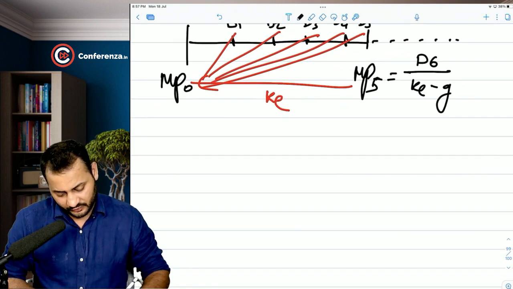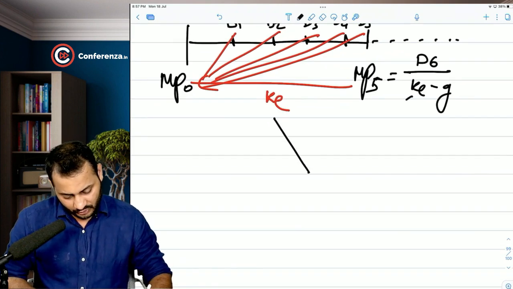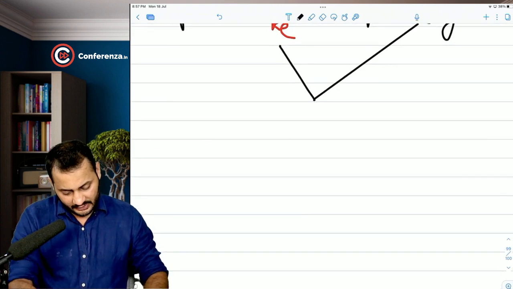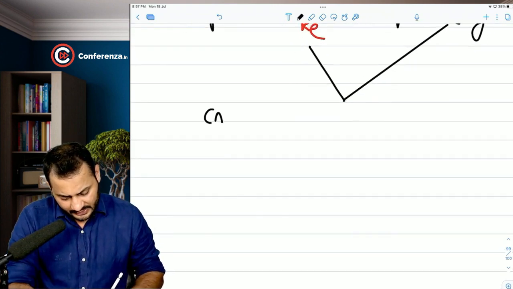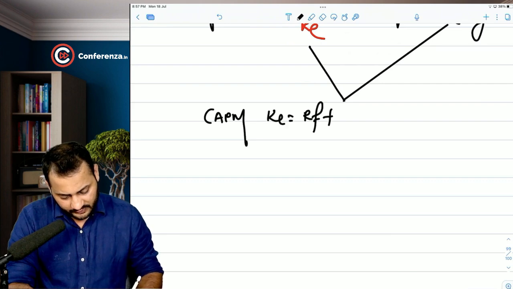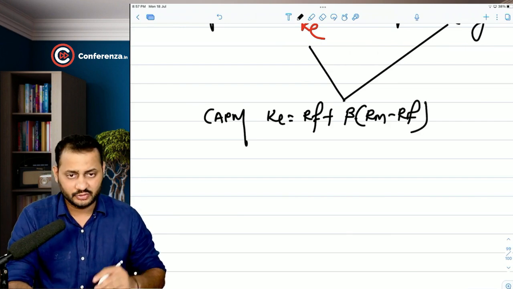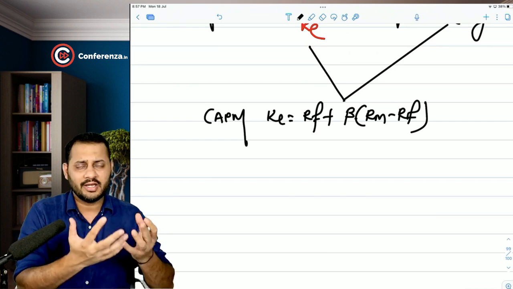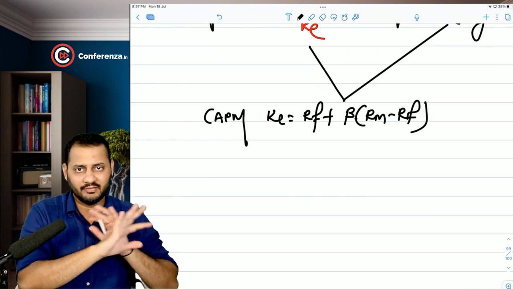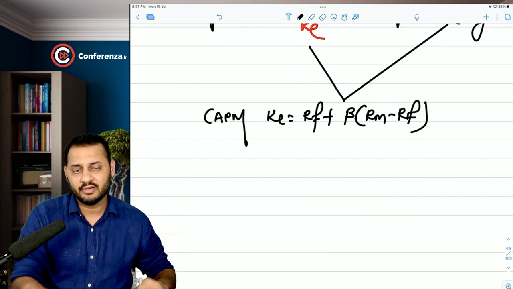So let's first find out the cost of equity. The cost of equity will be calculated using the CAPM method. So cost of equity is equal to risk-free rate of return plus beta of the stock into market return minus risk-free rate of return. Required rate of return or KE, one and the same thing. The meaning is required rate of return.